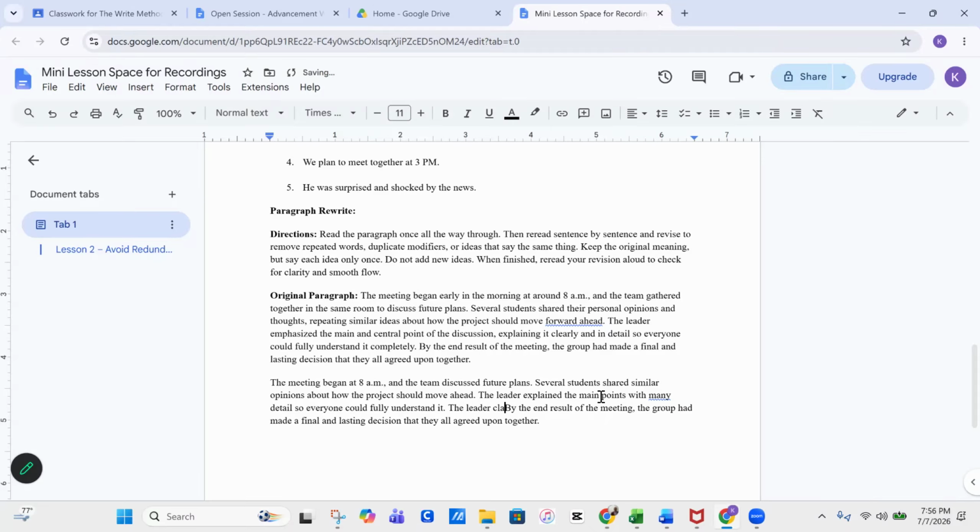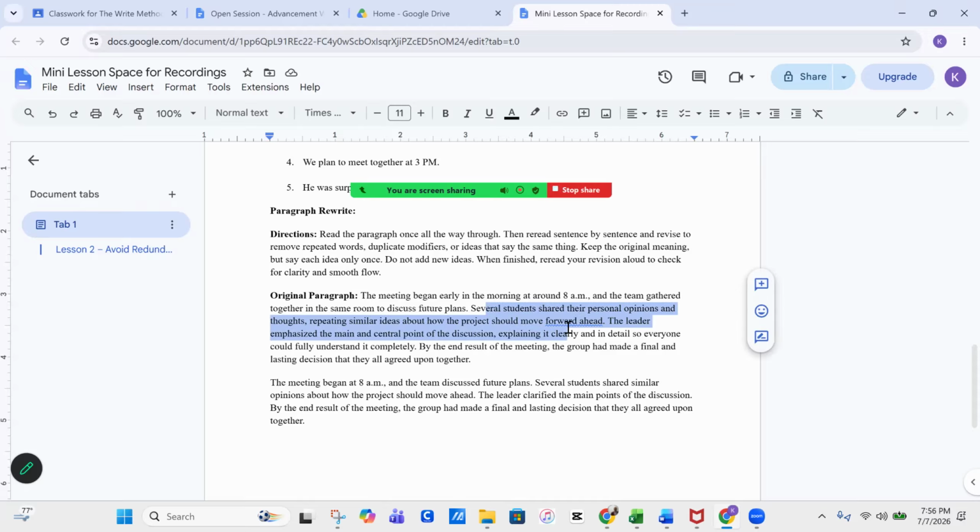The leader clarified the main points of the discussion. I think that's probably needed, because when you explain something, you clarify it. The leader clarified the main points of the discussion. Now, you might be thinking, well, but he did talk about details, didn't he?